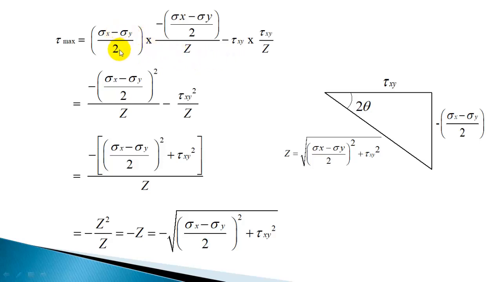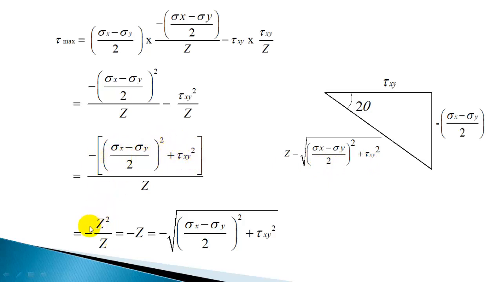Now (sigma x minus sigma y) by 2 into (sigma x minus sigma y) by 2 will give the square of that, with the minus outside, divided by z, minus tau xy square divided by z. Taking the common denominator, I will take the minus outside: minus of ((sigma x minus sigma y) by 2) square plus tau xy square, and this quantity is z square.